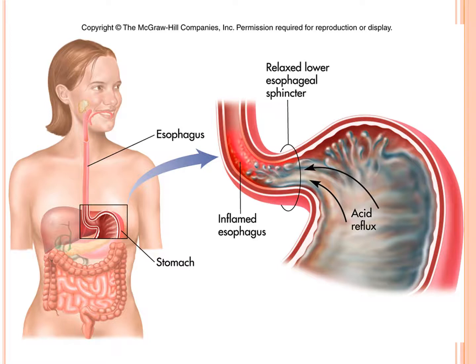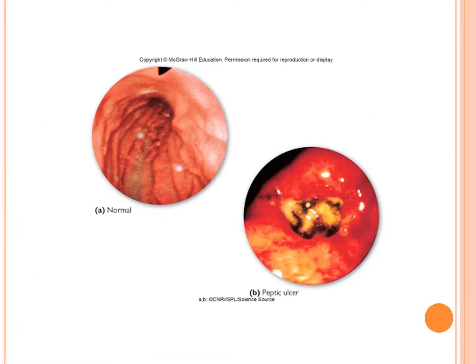Okay, just a diagram showing us that the lower esophageal sphincter is relaxed, acid is allowed to reflux into the esophagus. The esophagus doesn't have this nice mucus layer, and it starts to become inflamed and eventually may be quite damaged.